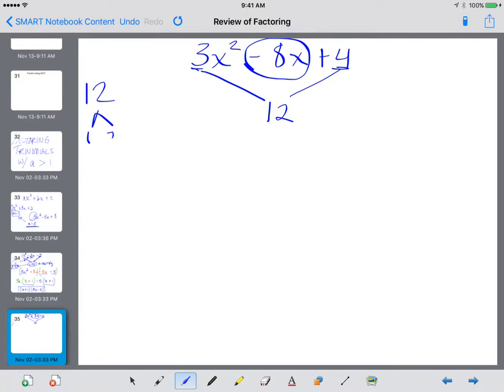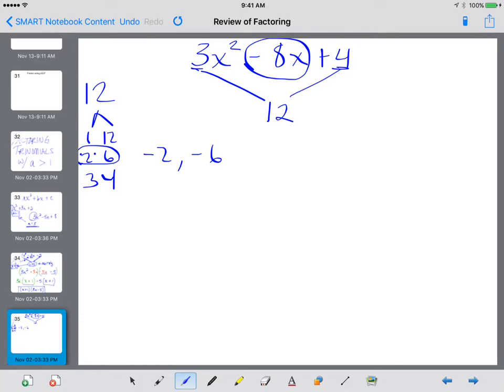We've got 1 and 12, 2 and 6, 3 and 4. Well, 2 plus 6 is 8, but we want to get to negative 8. We're going to multiply to get positive 12. If both of those are negative, negative 2 times negative 6 is positive 12. Add them together, I get negative 8.